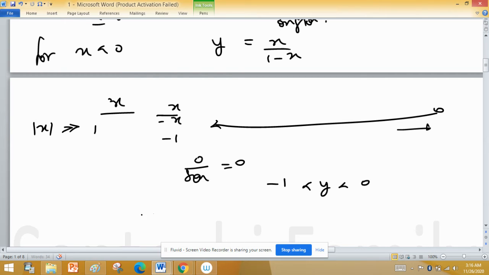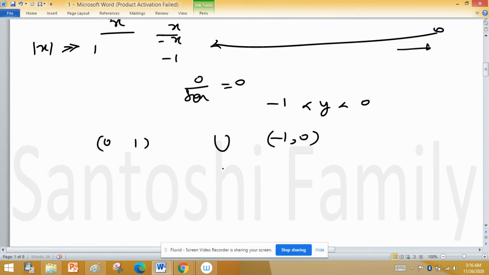So the interval we have found is minus 1 to 0, an open interval, and for positive values we already found 0 to 1. So this is for y, and when we join these, or take a union, it will be minus 1 to 1.